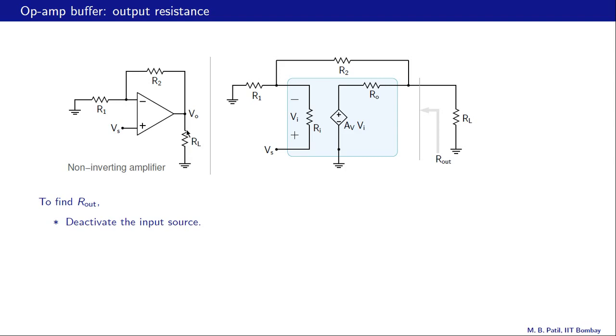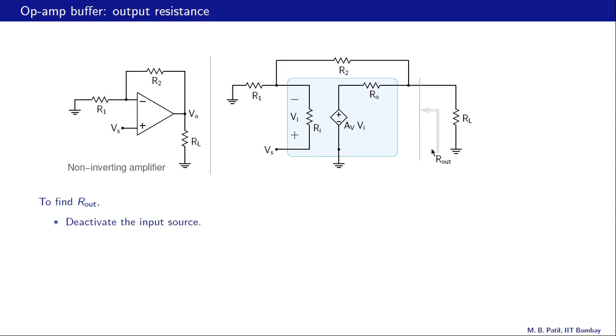And first what we do is replace this op-amp with its equivalent circuit as shown over here. The rest of the connections of course are the same. We have R1 going to ground from the inverting terminal in both cases, and R2 between the inverting terminal and the output terminal. Here is our RL, and Rout is defined as the resistance as seen from RL, like that.